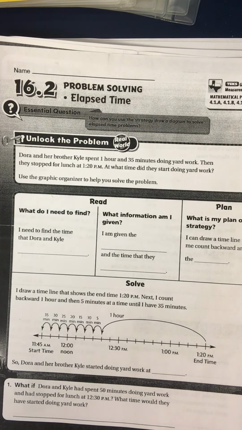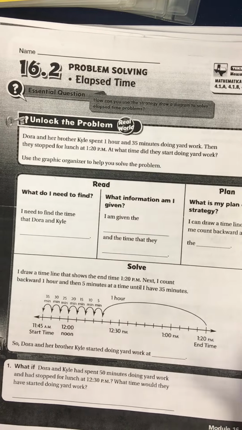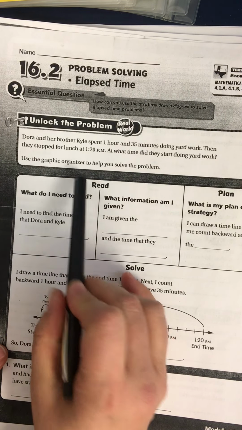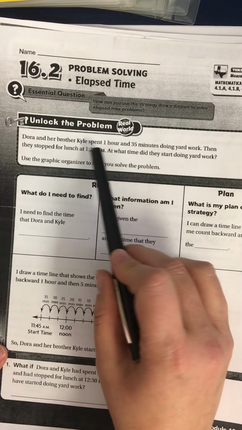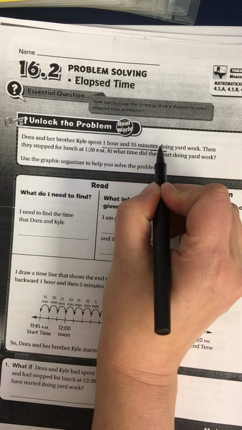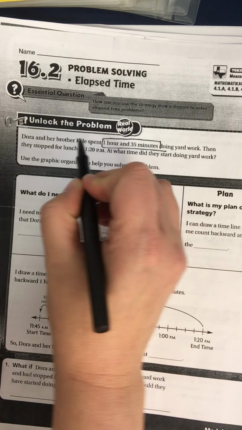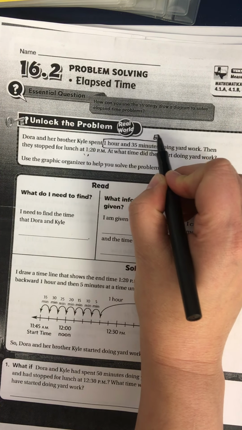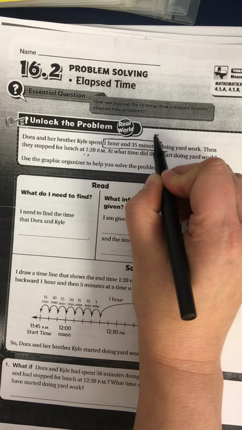Something else about elapsed time is that it's given in hours and in minutes. So, in this question up above, it says she spent 1 hour and 35 minutes doing something. Since that's not looking like a time on a clock, I know this is going to be our time in between.